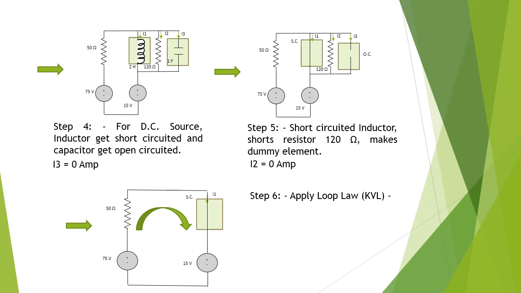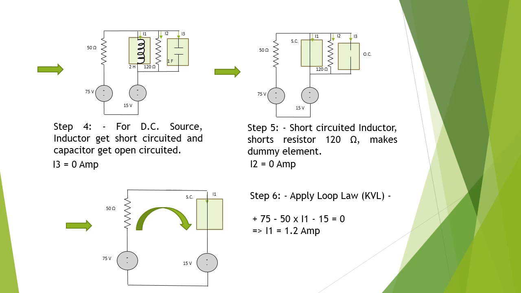The same current will flow through the 15 volt, 75 volt and 50 ohm, because it forms a single loop. So by applying that, when the current passes from negative to positive of 75 volt, we get plus 75. When it passes through the 50 ohm resistance, the voltage drop is minus 50 I1, and when it passes through 15 volt from positive to negative, it gives minus 15 equal to 0. After doing the calculations, we get the value of current I1 equal to 1.2 ampere.